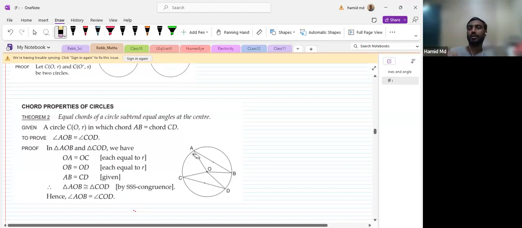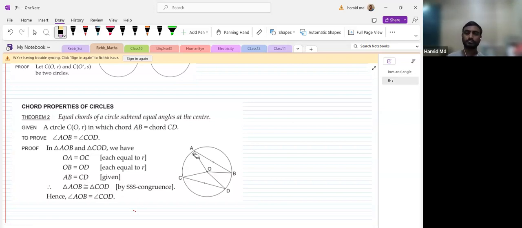What was the opposite of this? That was also a theorem. OA is equal to OC and OB is equal to OD, and AB is equal to CD.